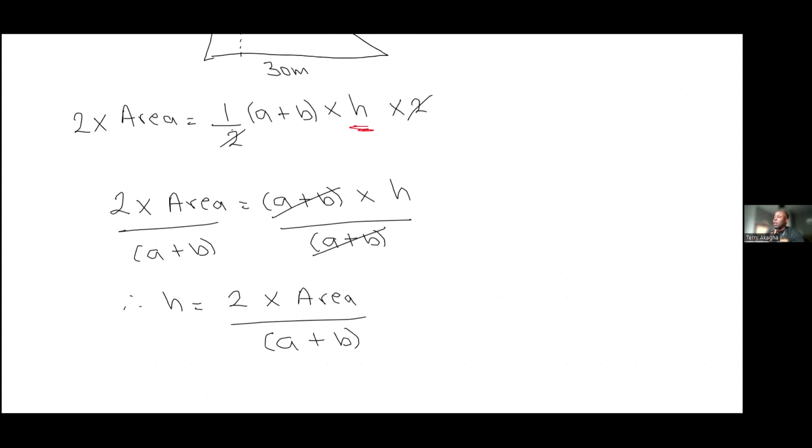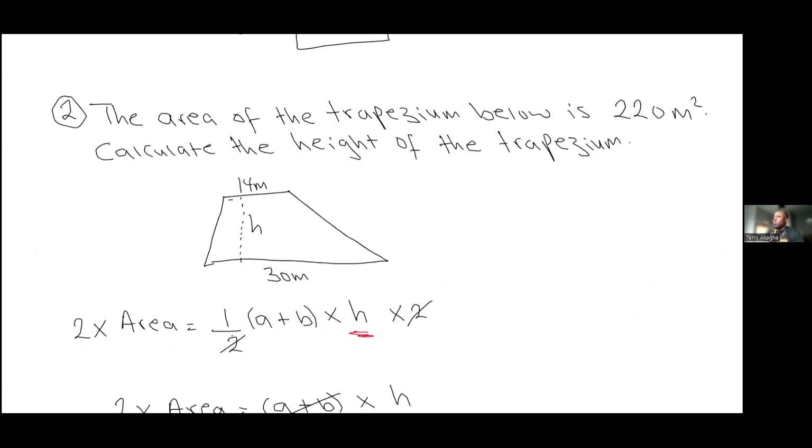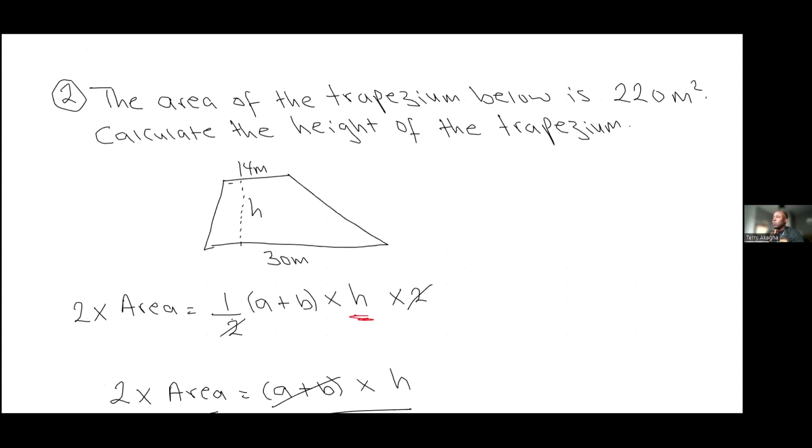Because we've now made the height the subject of the formula, in this question we know that the area was equal to 220. The A was 14 and the B was 30.